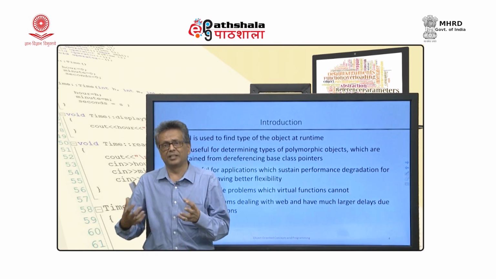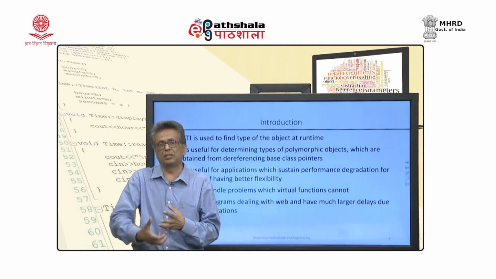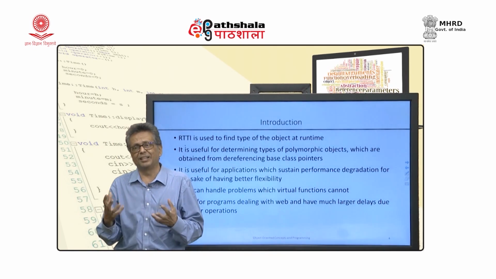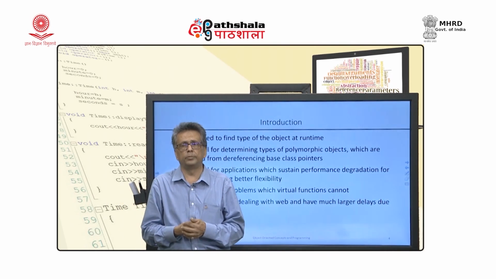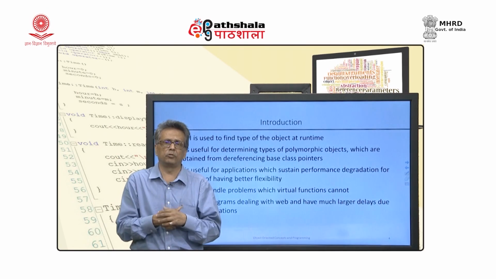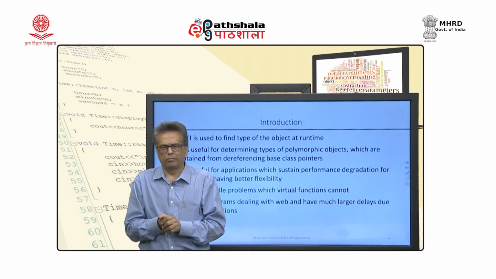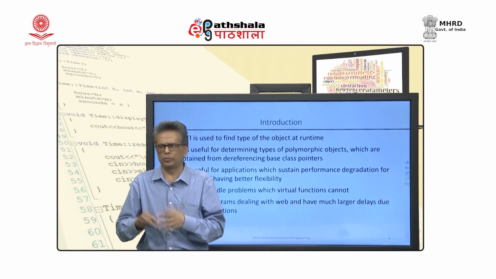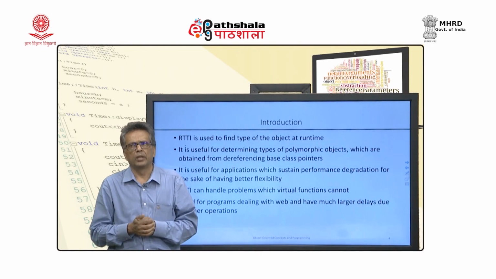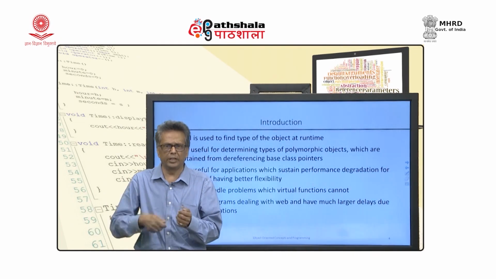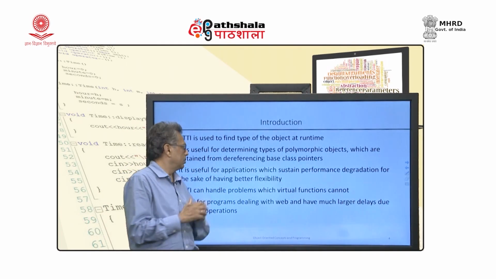RTTI demands construction of, first, the virtual table, and second, keeping something called a type info object associated with every class that comes under the purview of RTTI. Those additional burdens you do not want to have, so you may not go for it. That is the reason why compilers do not keep it on by default. So, you need to turn it on.